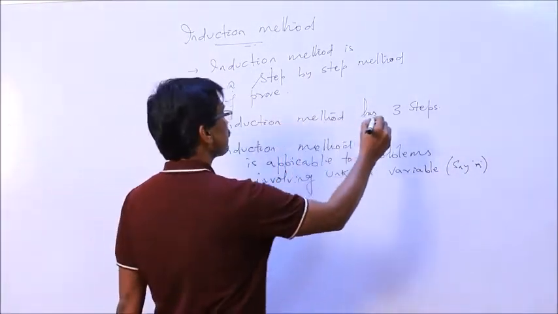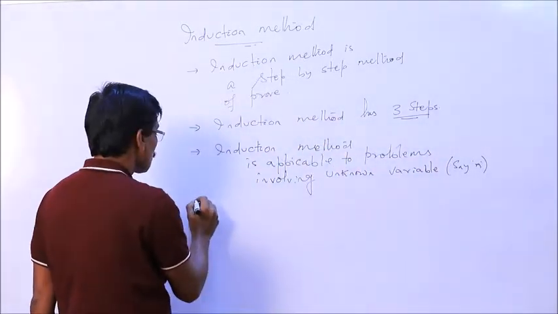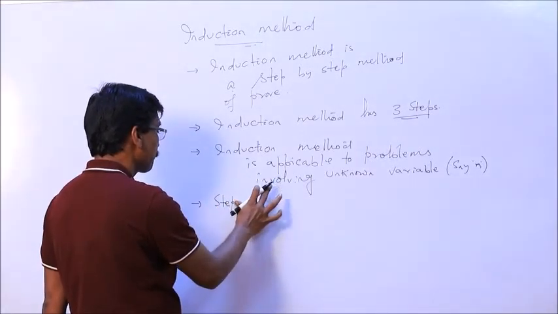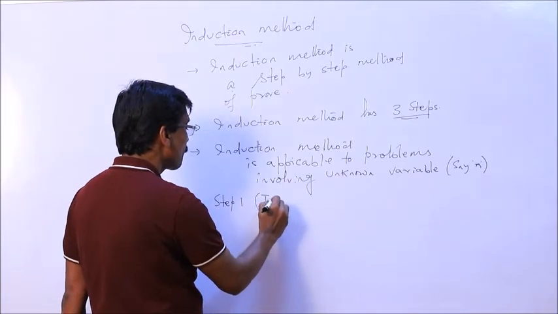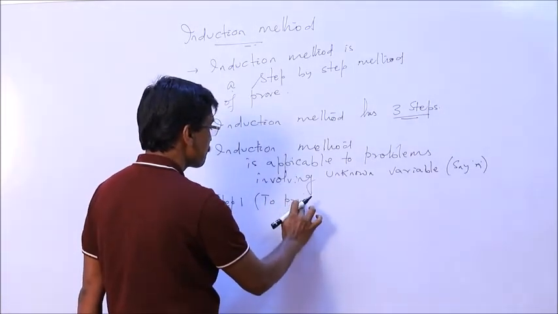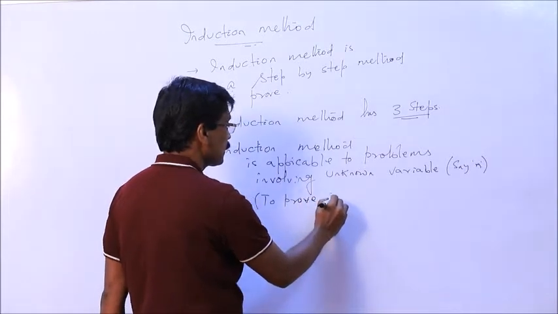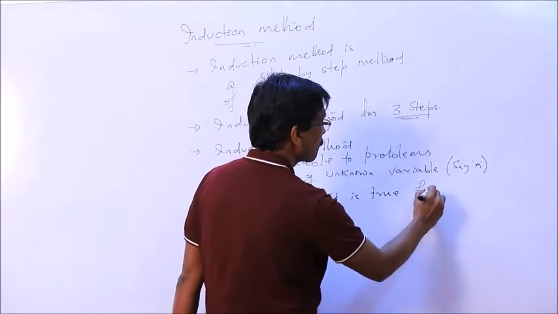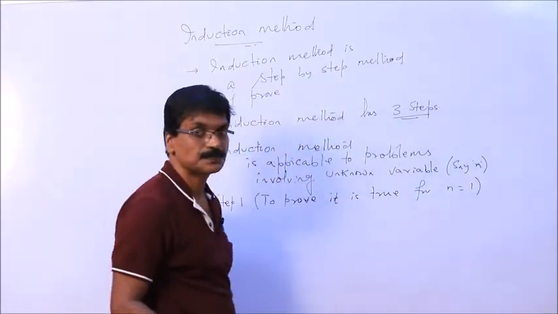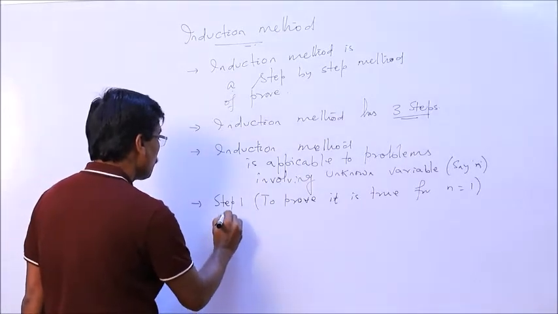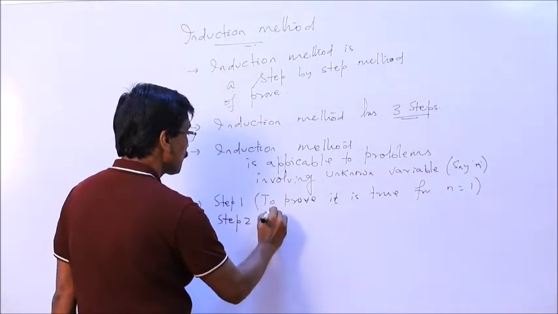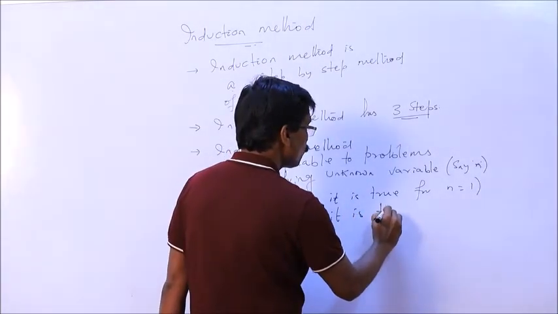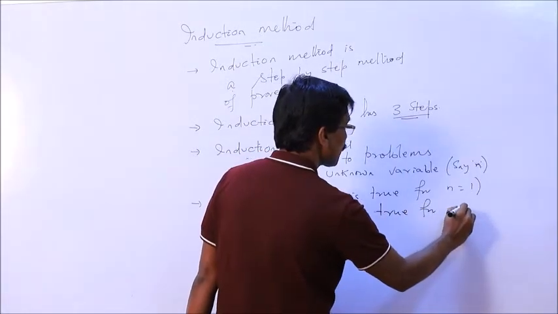So what are these three steps? Step 1, we have to prove it is true for n is equal to 1. Step 2, assume it is true for n is equal to k.